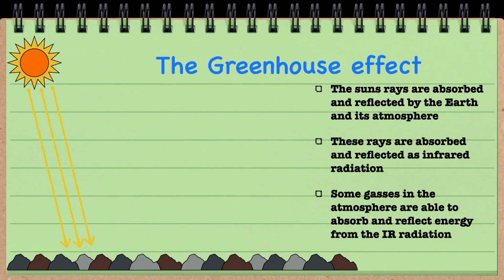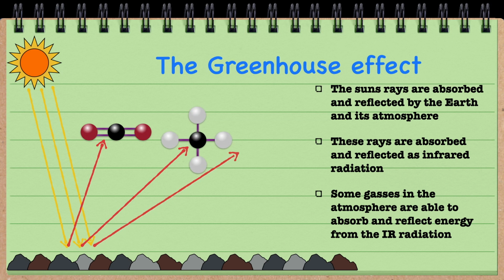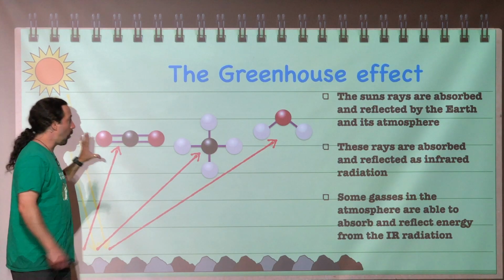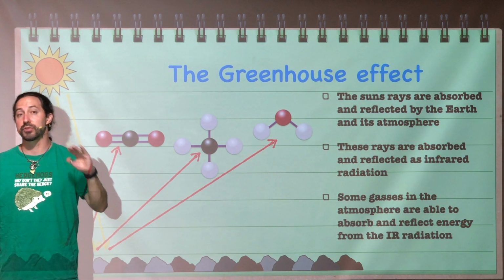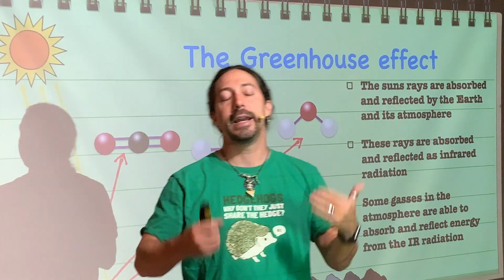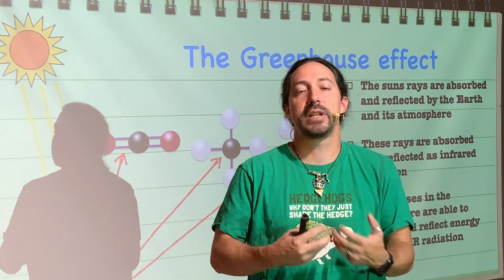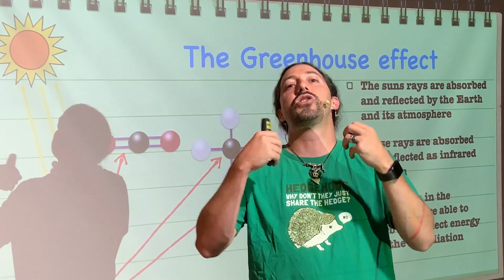Those molecules we refer to as being IR active, or infrared active. Those gases can then absorb those rays, specifically carbon dioxide, methane, and water. Water is actually the most IR active of all of the different molecules within our atmosphere. Water is able to absorb those infrared rays extremely well.